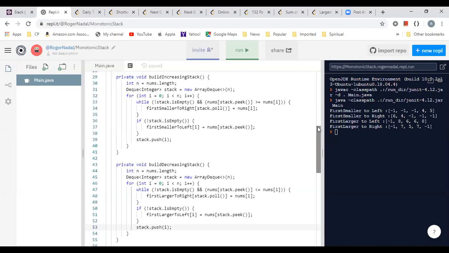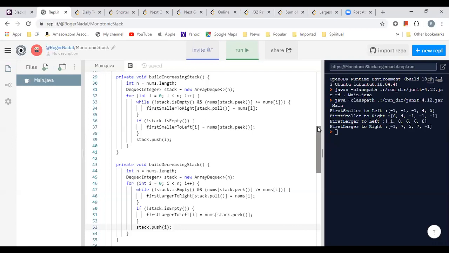Exactly. When you are traversing from the right side and building the increasing stack, you are essentially doing the same. I think you should be able to derive that. I haven't coded it, but please go through that, because it looks symmetrical, the way you talked about it.